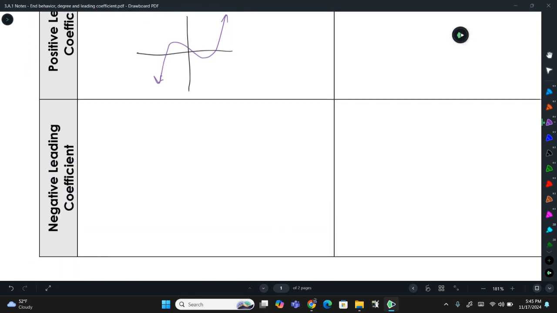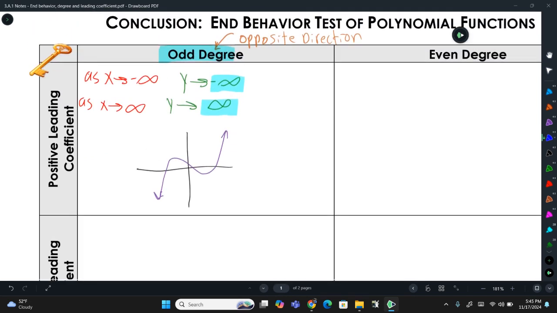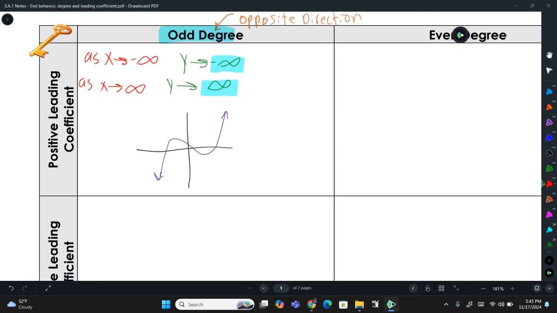Now, if I have an odd degree and a negative leading coefficient, the end behavior is going to switch. Remember, for end behavior, the x's are always the same. One x will go to negative infinity, and one x will go to positive infinity. So this part stays the same. Now the y part will change.